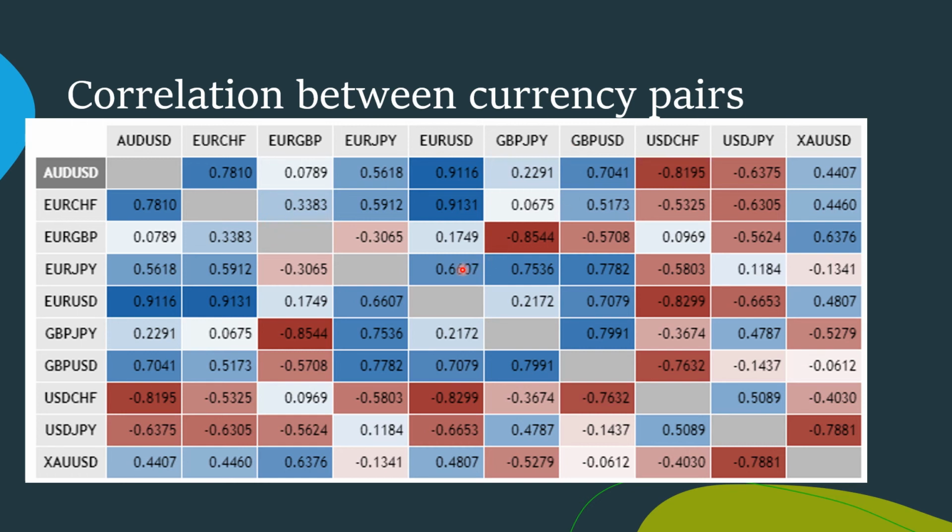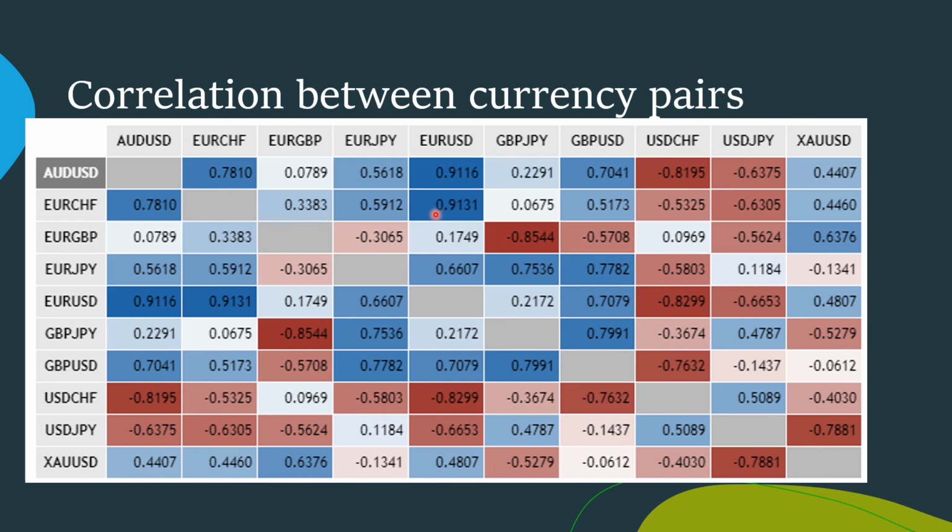Also, pairs that include the same currency as either the base or counter currency tend to have stronger correlations. This is obvious because the same fundamentals impact those pairs. Let's look at the euro to the Swiss franc and the euro to the US dollar.